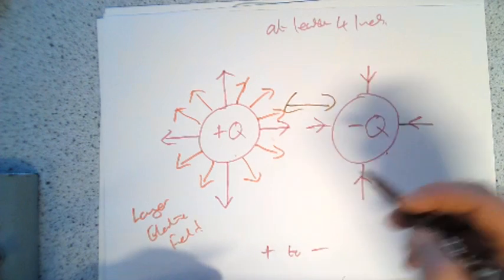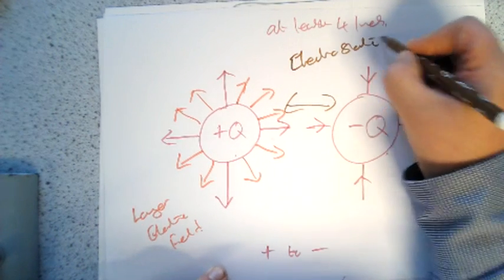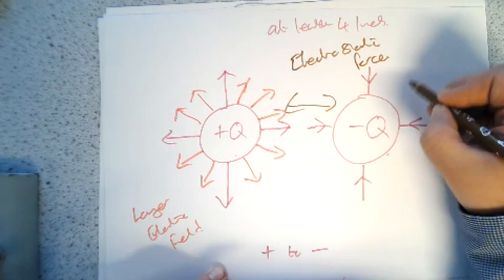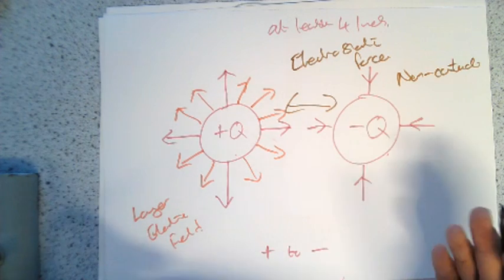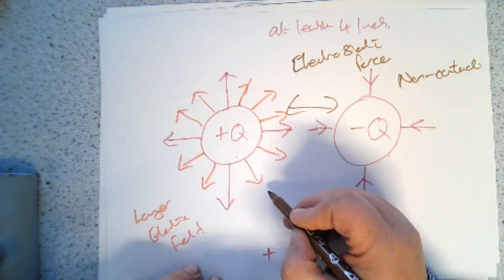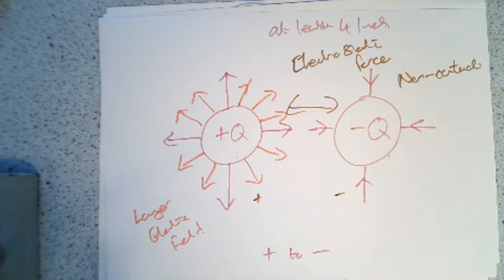And that is an electrostatic force. And it's a non-contact force. Okay, they're not physically touching, but the opposite charges, the plus and the minus, are going to cause them to come together. All right, so that's sort of like the basics around electric fields.